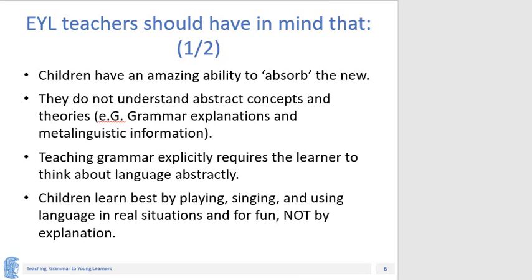We have to think that children usually absorb any new information. They don't understand abstract concepts, meta-linguistic information, or grammar explanation. So if we teach it directly, that means they have to think about the language abstractly.